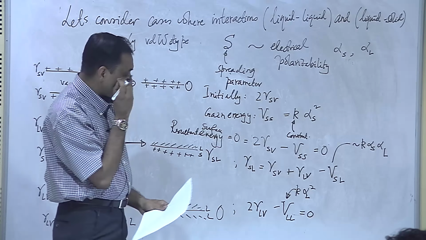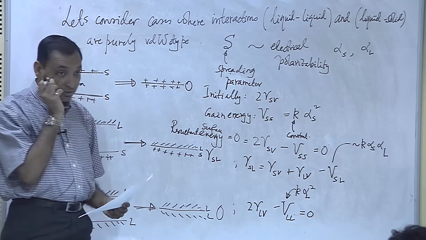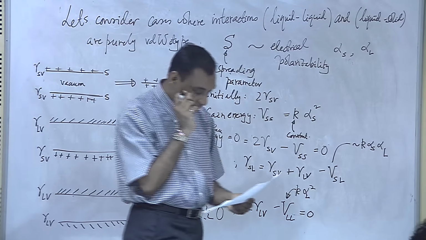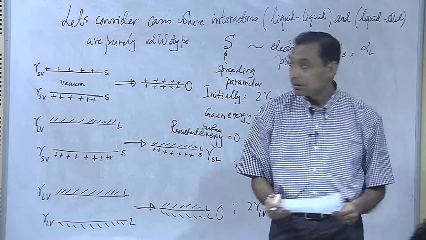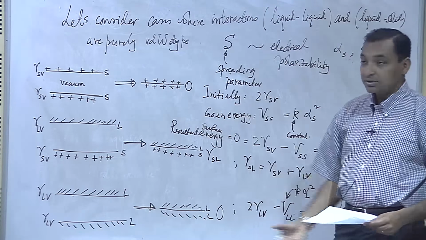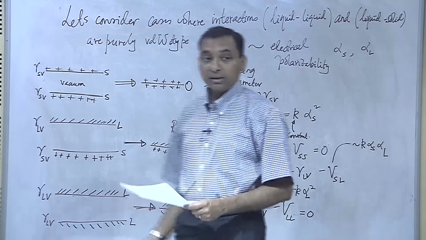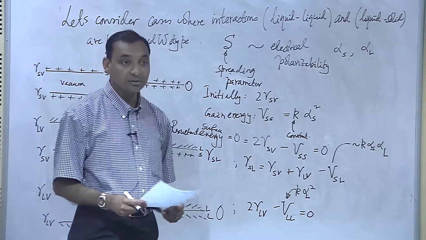Alpha liquid is the polarizability. So, that is equal to 0. Okay. So, I can have these 3 thought experiments and 3 different conditions for this process, right.